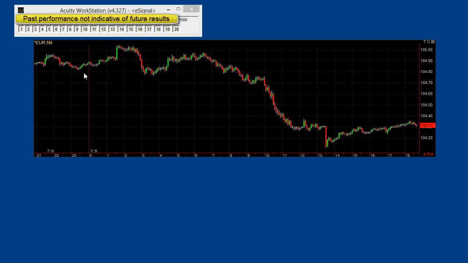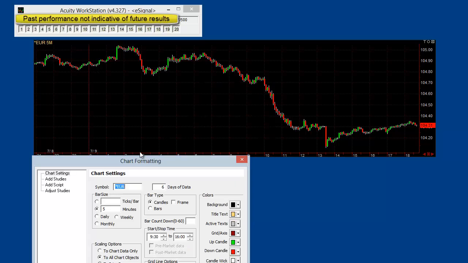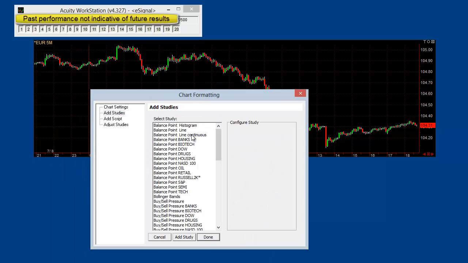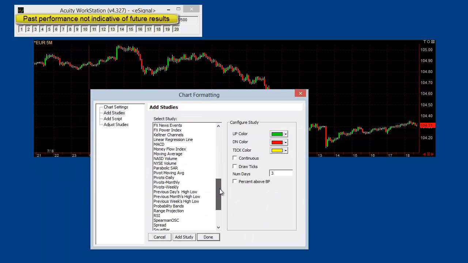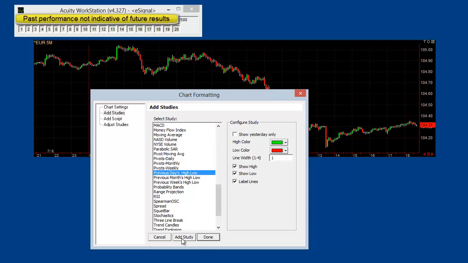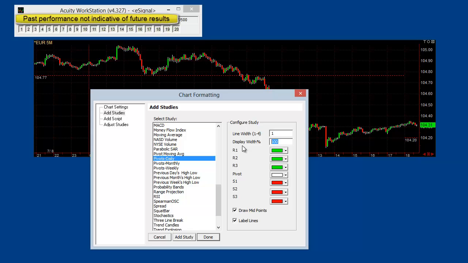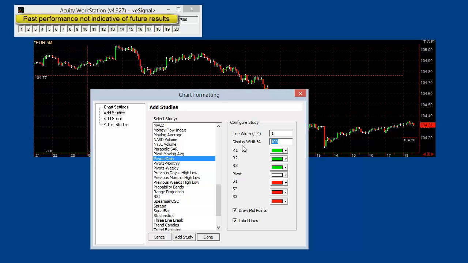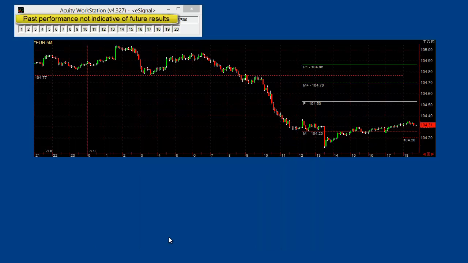Such as previous day's high, low, even pivots, which floor traders and professional traders use. Previous day's high and low, pivots daily. So you want to have this go a little bit across your screen. You'll be able to see where the pivots are.